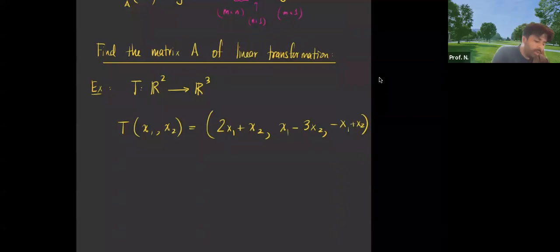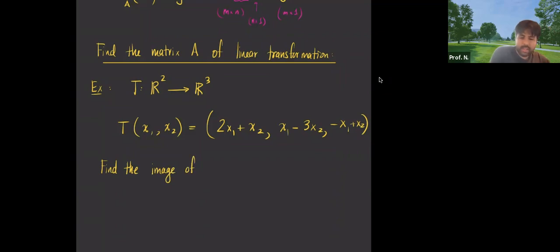Right. So what you do is you find the image. Remember, this is another term that we discussed as well. Find the image of the standard basis vectors in R2.